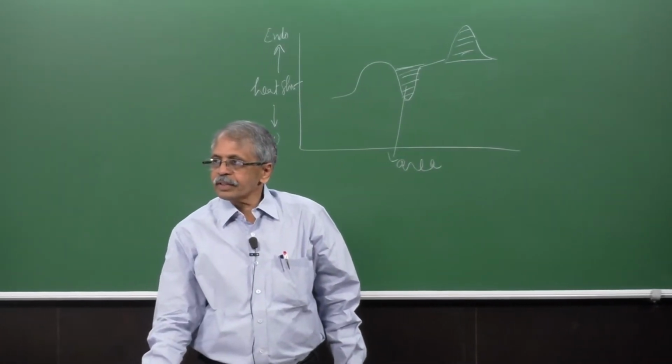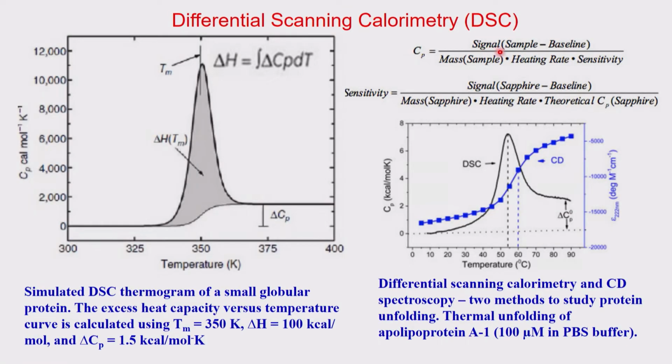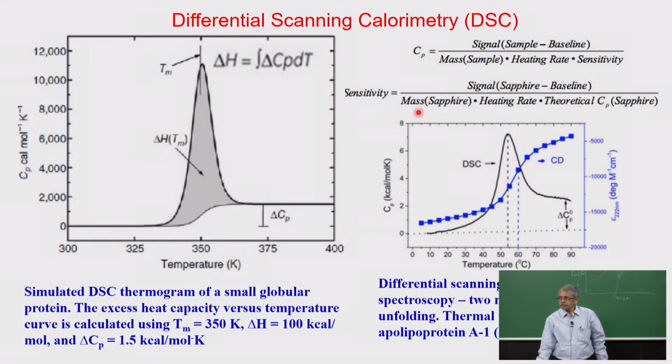So, Cp is obtained from the signal for the sample and the baseline difference, divided by the mass, by the heating rate, by the sensitivity. How do you get your sensitivity? For sensitivity, you take your actual standard, that is the sapphire sample, and the baseline difference divided by the mass of the sapphire, the heating rate, and the theoretical Cp for sapphire, which are known.